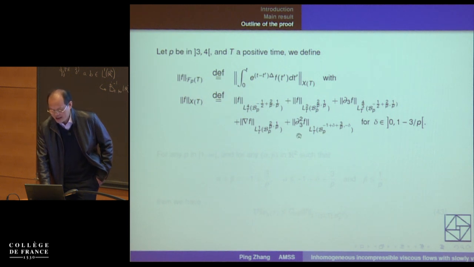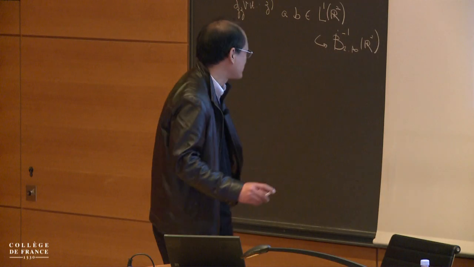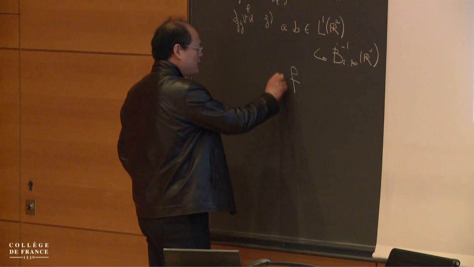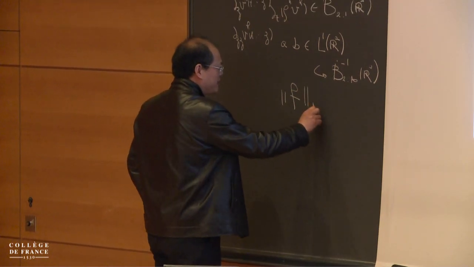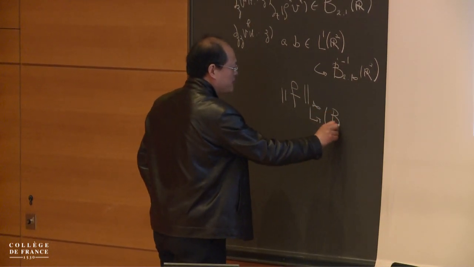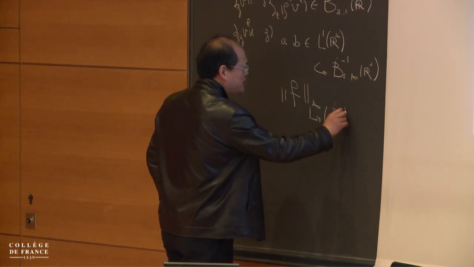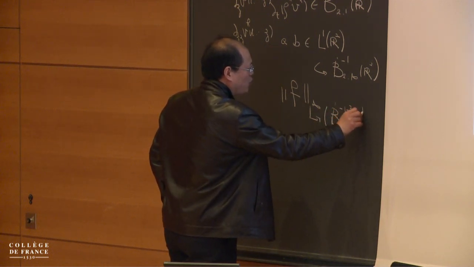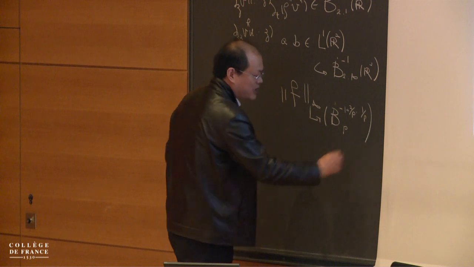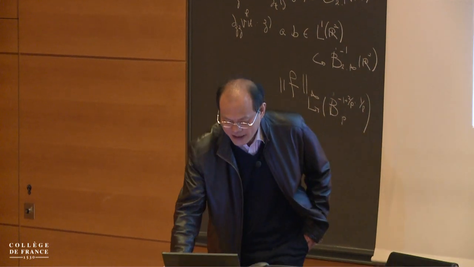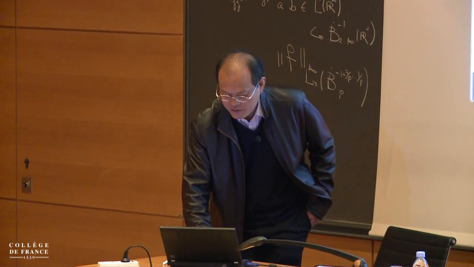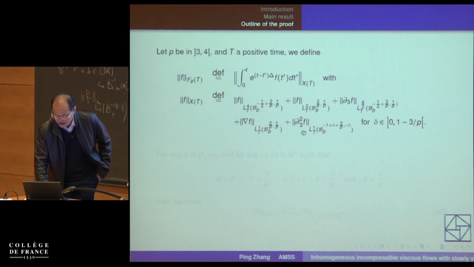So if we take L infinity, it's impossible for us to get an estimate for f in a space like L infinity of t in this space of space B dot of minus 1 plus 2 over p, 1 over p, p, because here we have a very bad estimate for the third derivative, for the second derivative in the vertical variable.